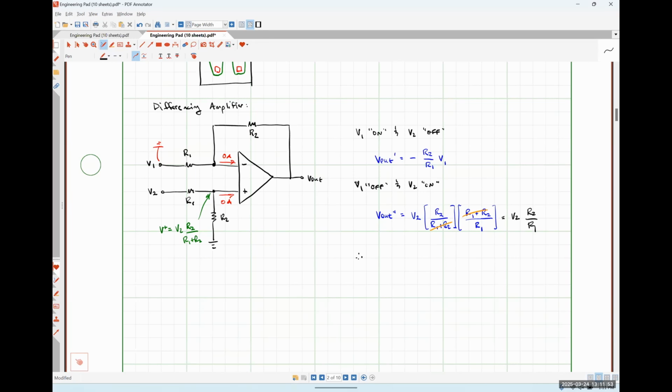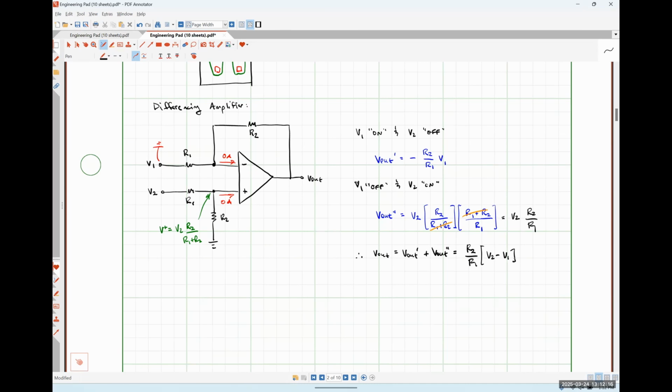So using superposition, I know that my output voltage should just be V out single prime plus V out double prime, right? That's just going to look like a factor of R2 over R1 multiplied by V2 minus V1, which is just the difference of the input signals.